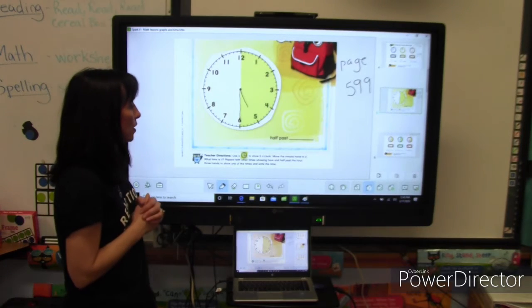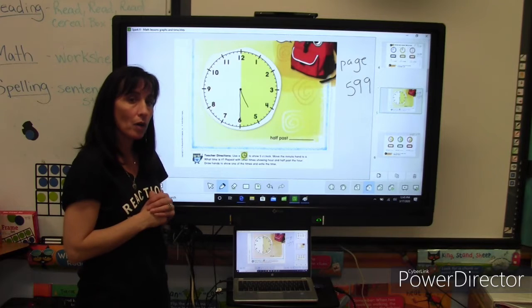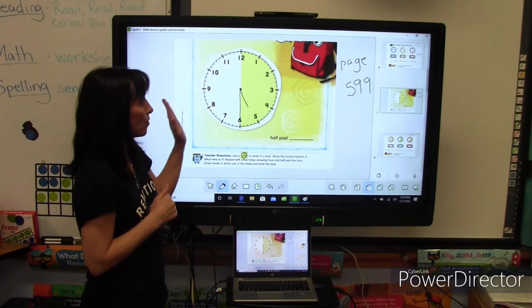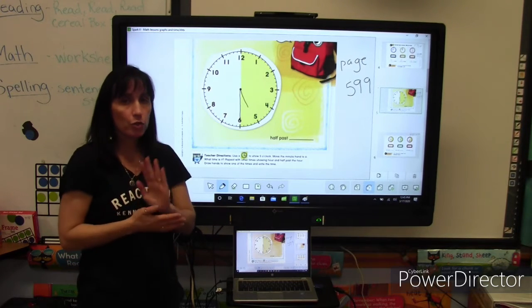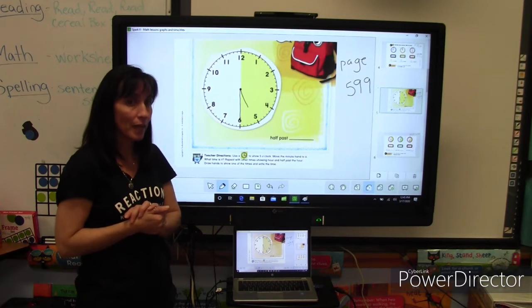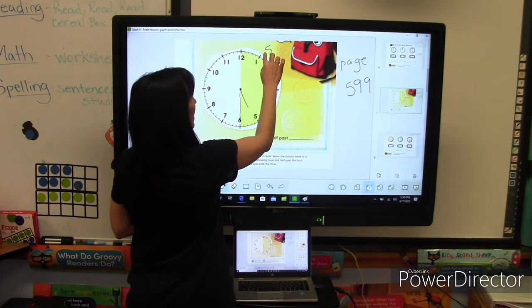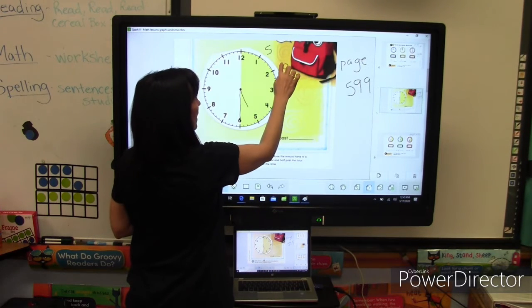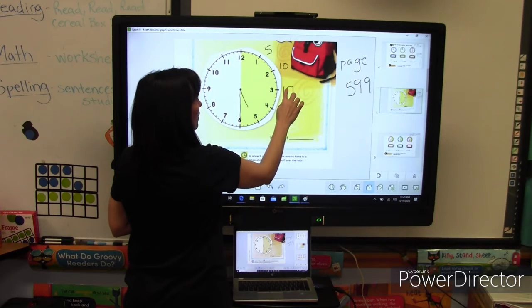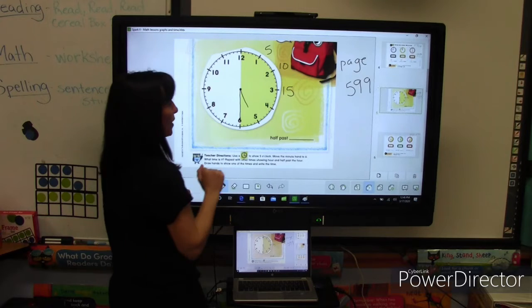I want to mark our clock. It doesn't say to do this on the page, but I'd like to mark our clock so that we remember how much each of those numbers is worth. You should remember, hopefully from first grade, that each number is worth 5 minutes. So we're going to go around our clock. The 1 would be 5 after, the 2 would be 10 after, the 3 would be 15 minutes after. We also call that quarter after, but we're not doing that yet.